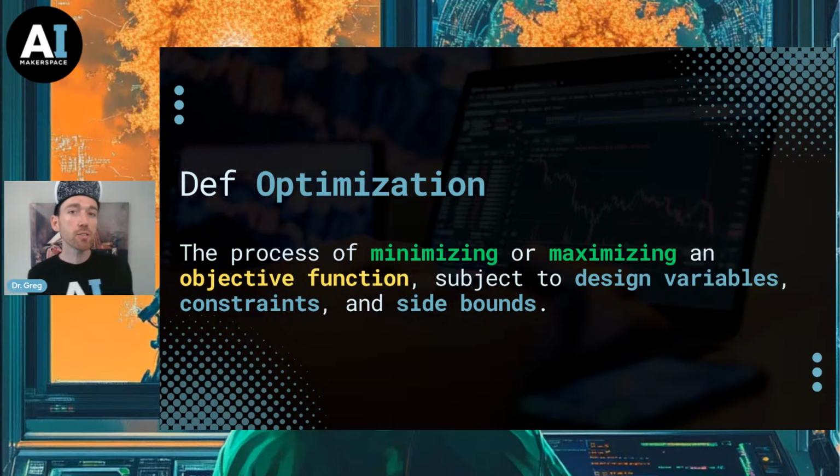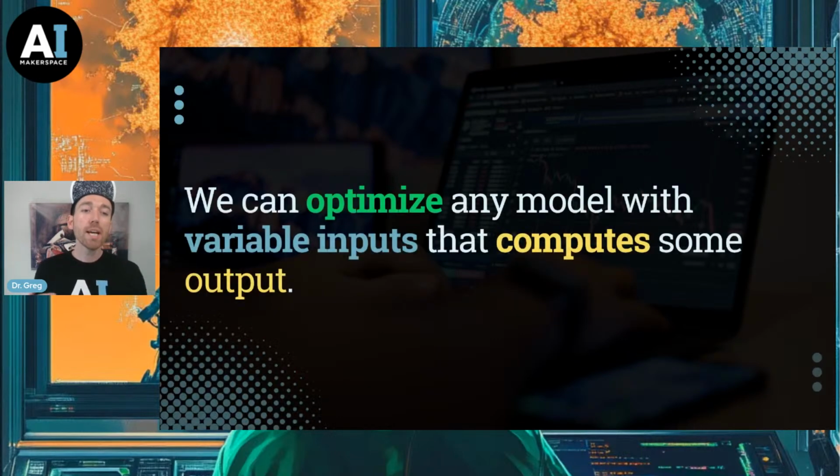If we're not minimizing or maximizing, we're not optimizing. And so we can optimize any type of model that has variable inputs and computes some sort of output. Importantly, the inputs have to affect the output.